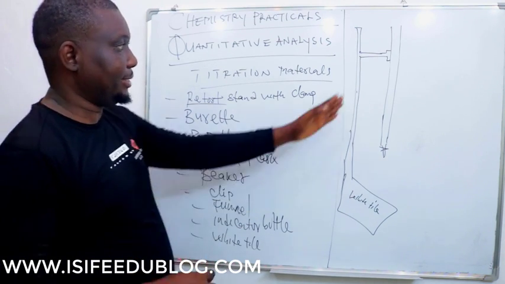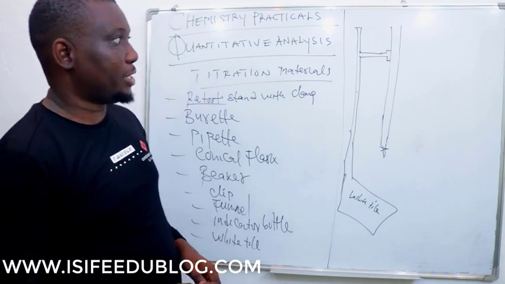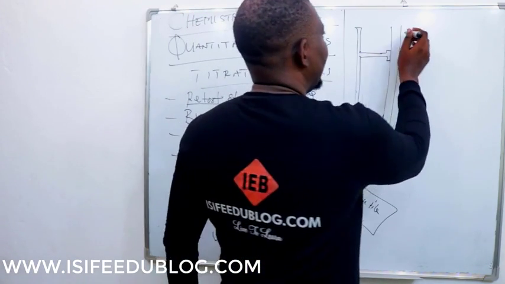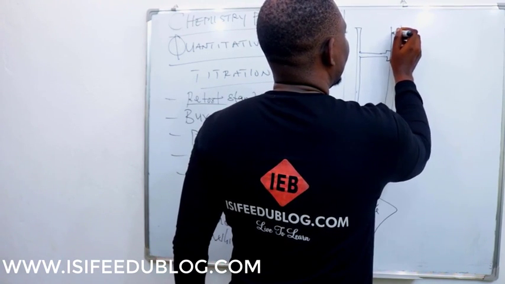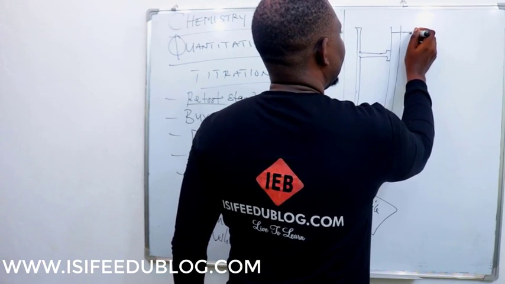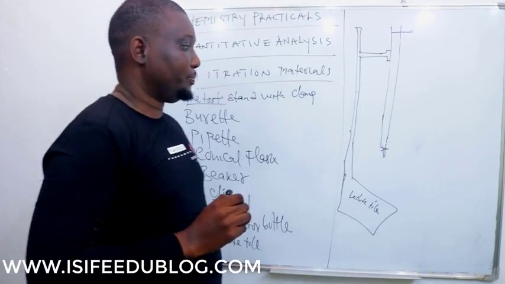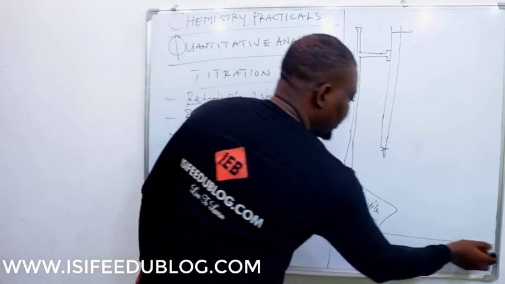Okay, so now there are some things you must know in this titration. Whenever you set this up, you must make sure that your eye level is on the line, what we call the meniscus. Assuming here is 0, for example, and this is your table.